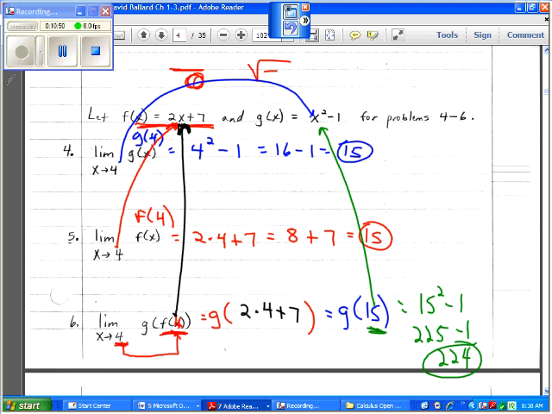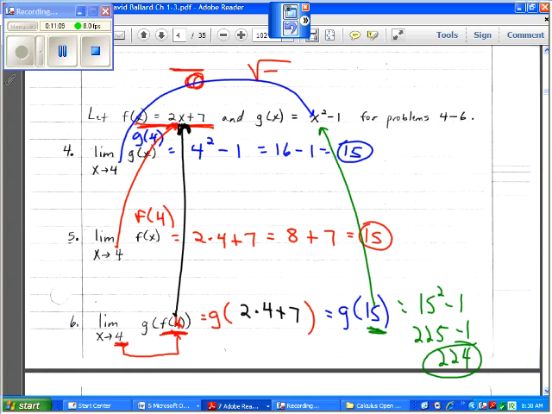And so the limit as x approaches 4 of g of f of x is 224. Any questions on that? Okay.